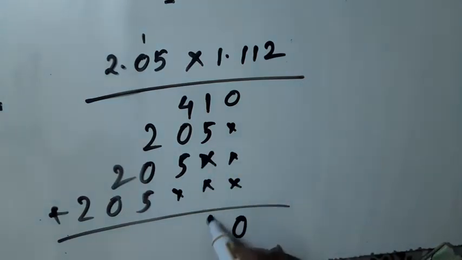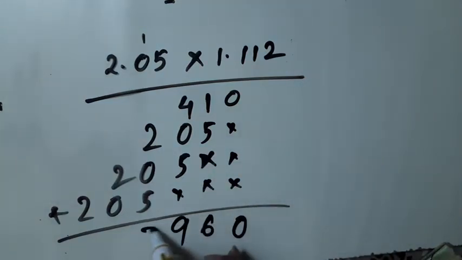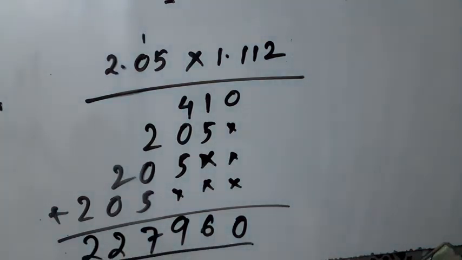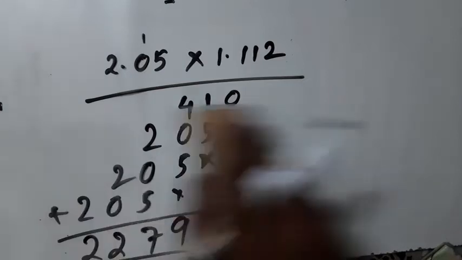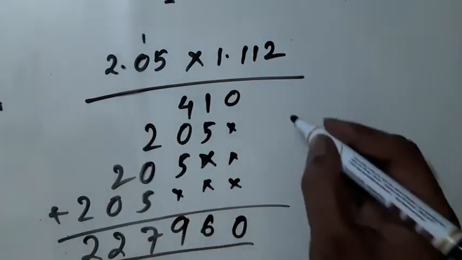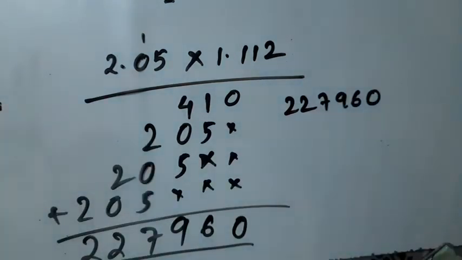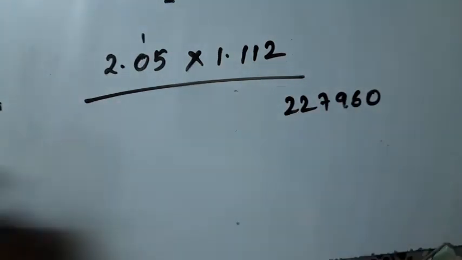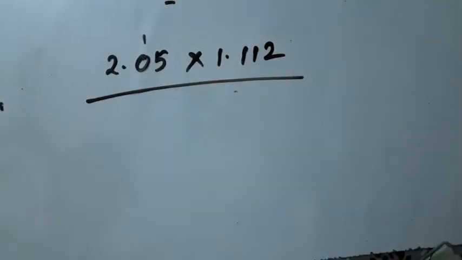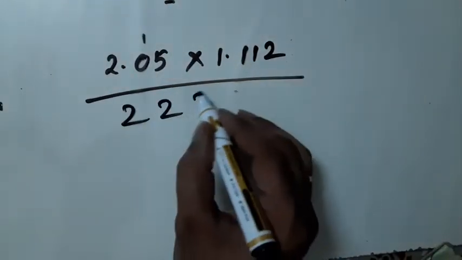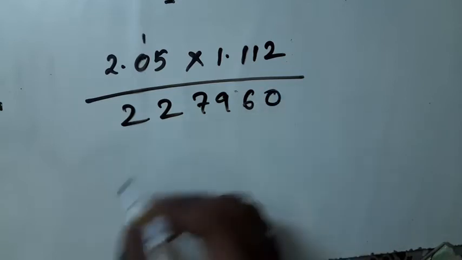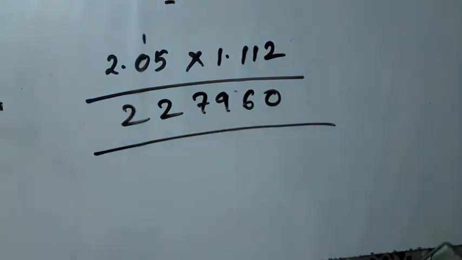So we get 227960. This is the answer we get after the multiplication, 227960.